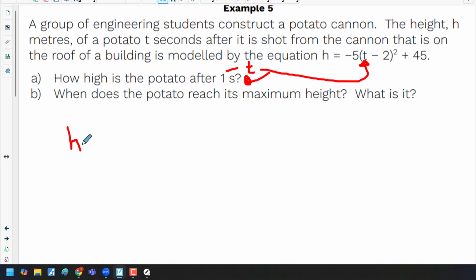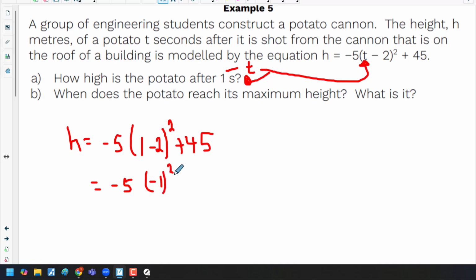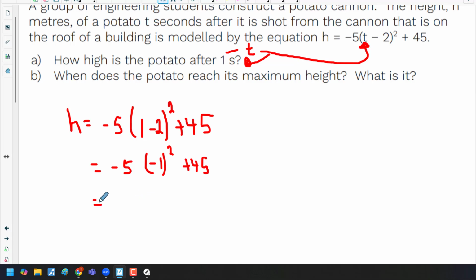So h is equal to -5 times (1 minus 2) squared plus 45. One minus 2 is -1, squared is actually +1, and anything times 1 is just that.